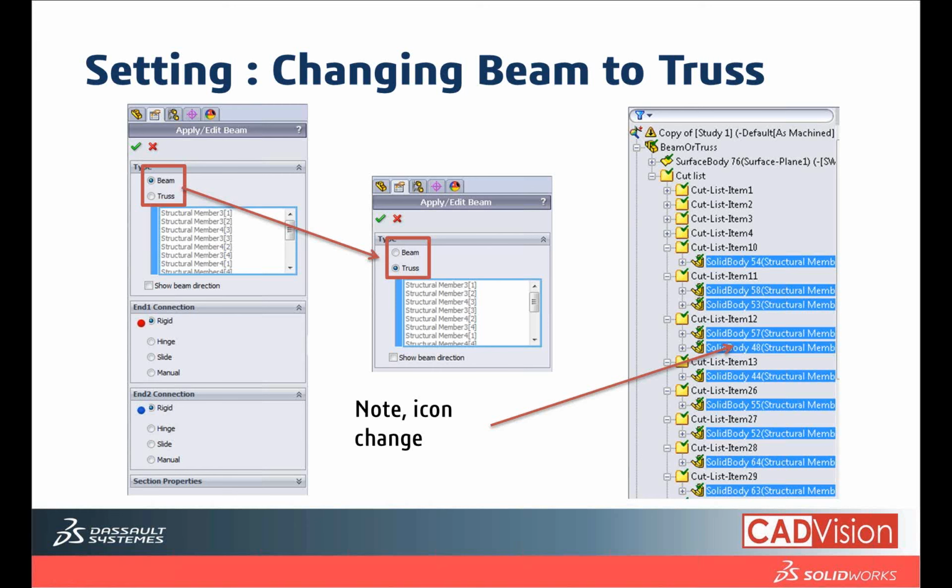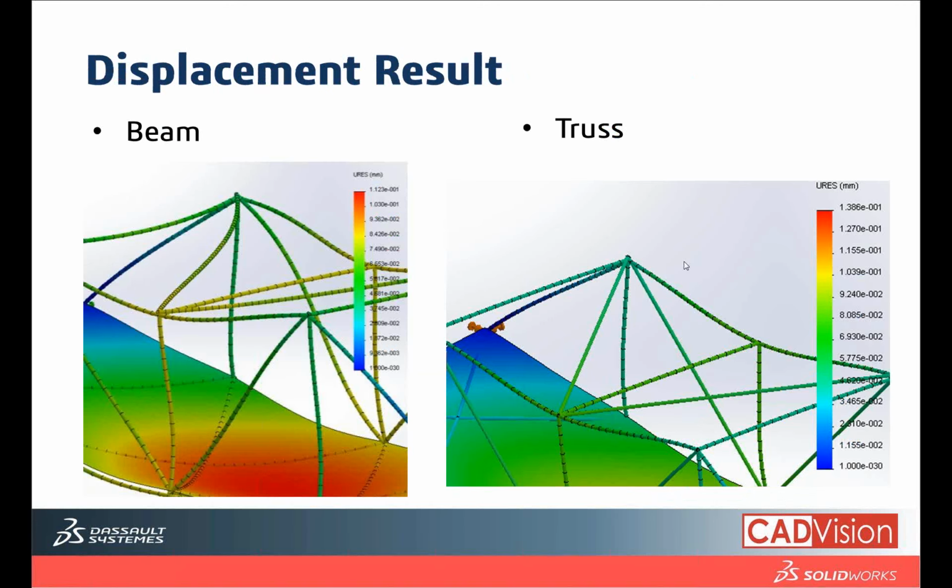Only those particular triangular structures where you only want to know the axial deformations and don't want to consider the shear and moment forces. You can just select those particular bodies and click on truss, and you will notice the icon changes. Instead of beam, it will show a truss icon. This is the truss icon of SolidWorks Simulation.